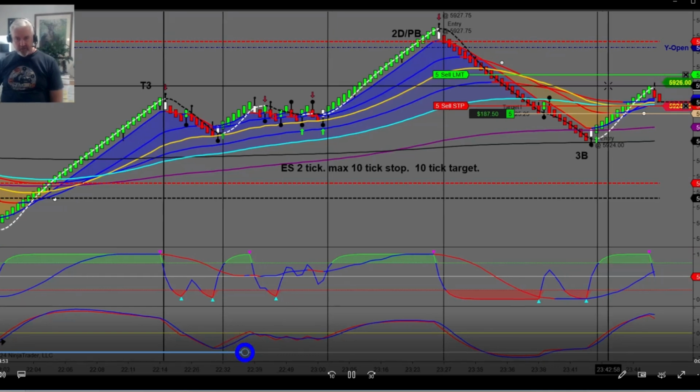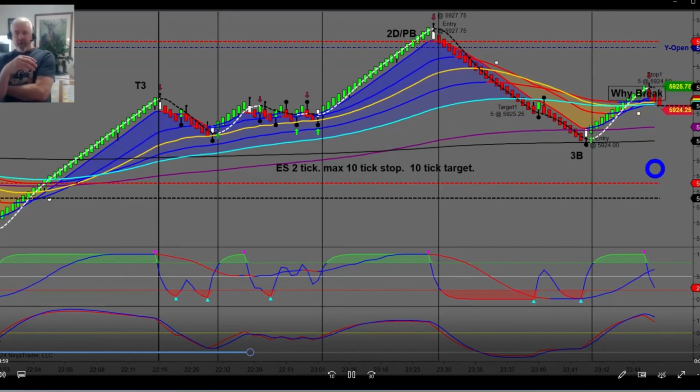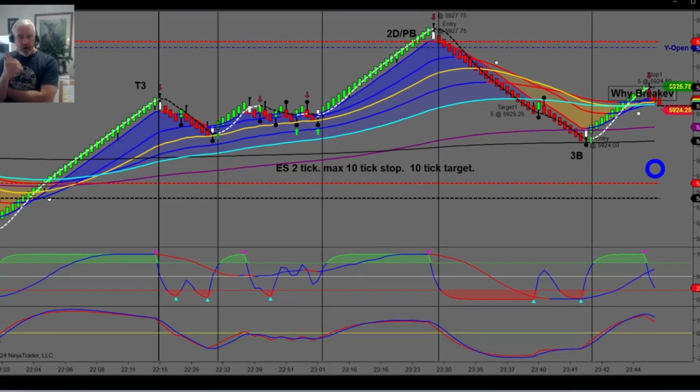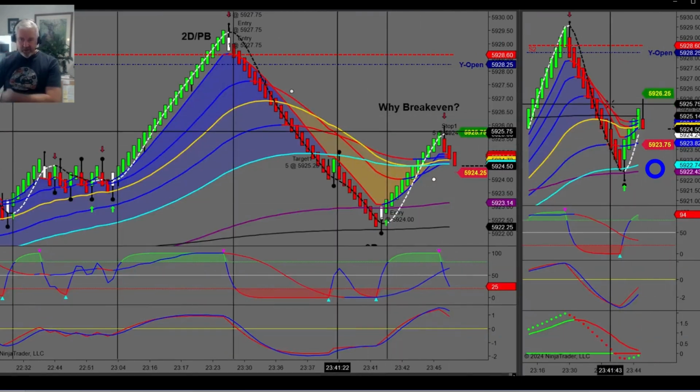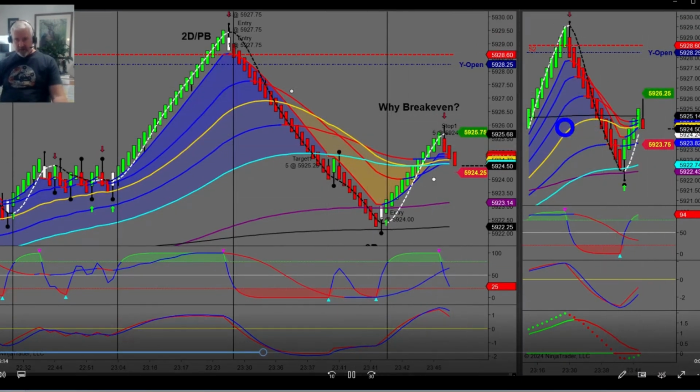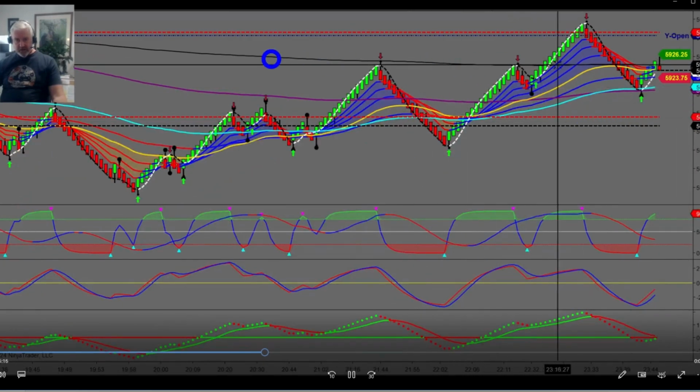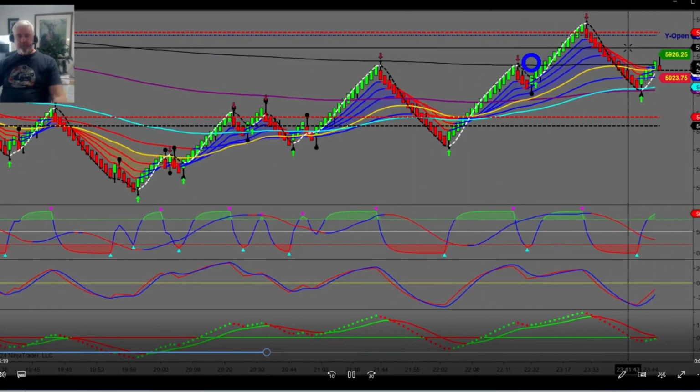So I'll fast forward this here. So it's coming back here. And the reason why I went to break even there, on the higher time frame, there was a major level of support resistance. Okay, so that's why I went. So there it is right there. So here I actually go across. See that black line?